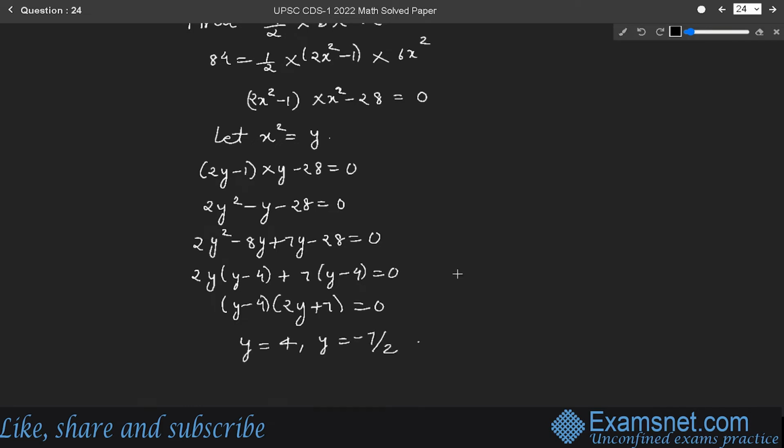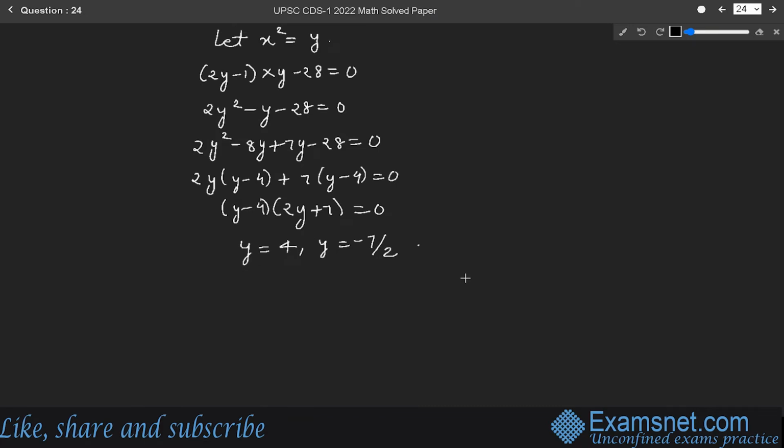We know that since y is equals to 4 and minus 7 by 2, therefore x square will be equals to 4 and x square will be equals to minus 7 by 2, but we know that negative value is not possible. So we can write that x will be equals to plus minus 2.